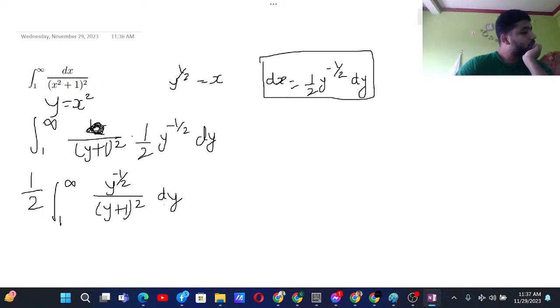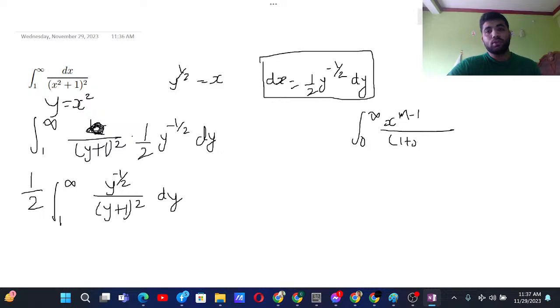Now the next step we can probably take is to use, I don't think we can really use the beta gamma functions. I think my first approach was to use beta gamma functions, so that's why I took it to this form. If this was from 0 to infinity, I would have used the form of the beta function, the integral from 0 to infinity of x to the power m minus 1 by 1 plus x to the power m plus n, which is just beta of m, n.